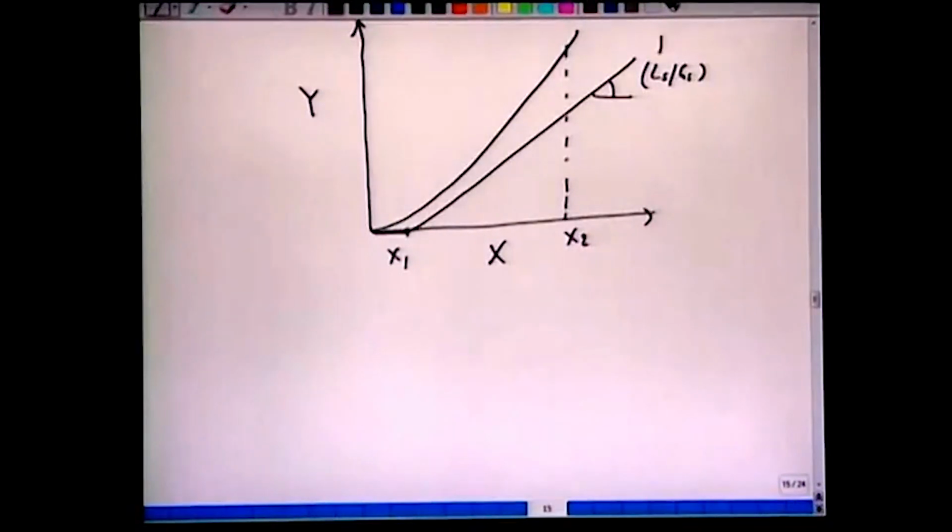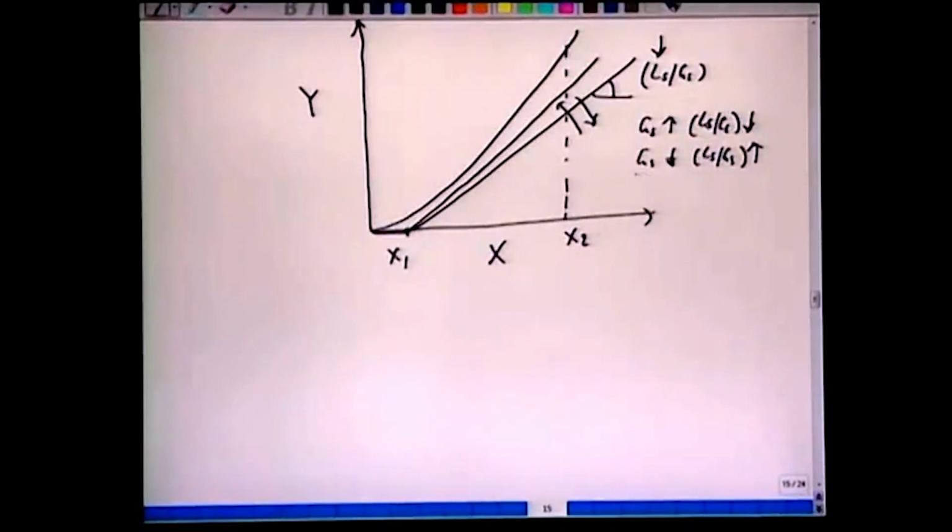Now in this case, try to recognize that LS is fixed and GS is allowed to vary. So if we increase GS, then the slope LS by GS will decrease and the operating line will move in this direction. If we decrease GS, then slope LS by GS will increase, and the line will move in this direction.